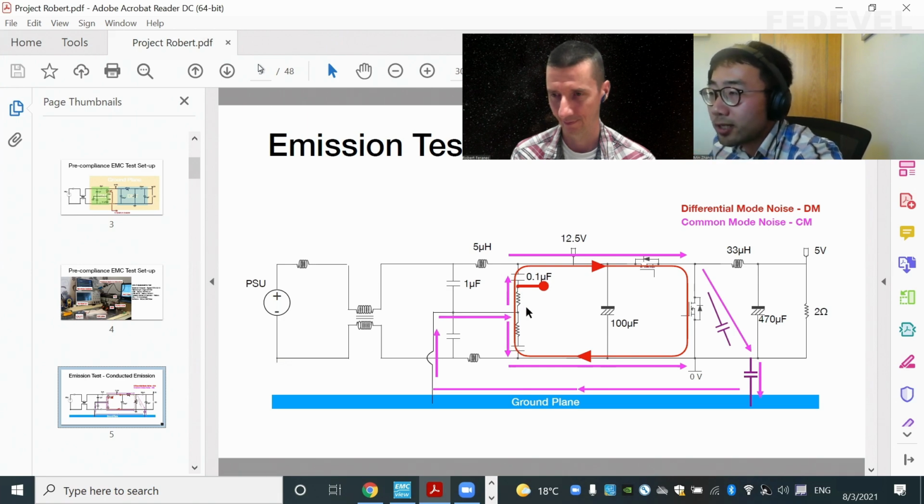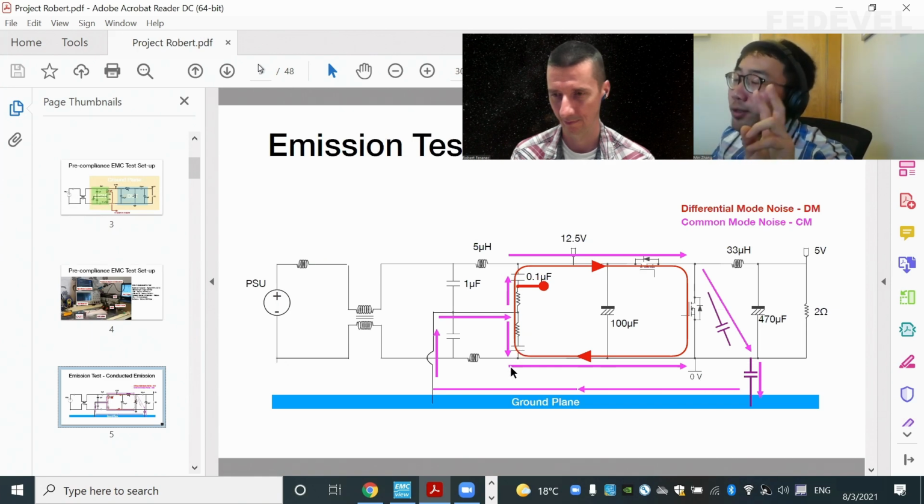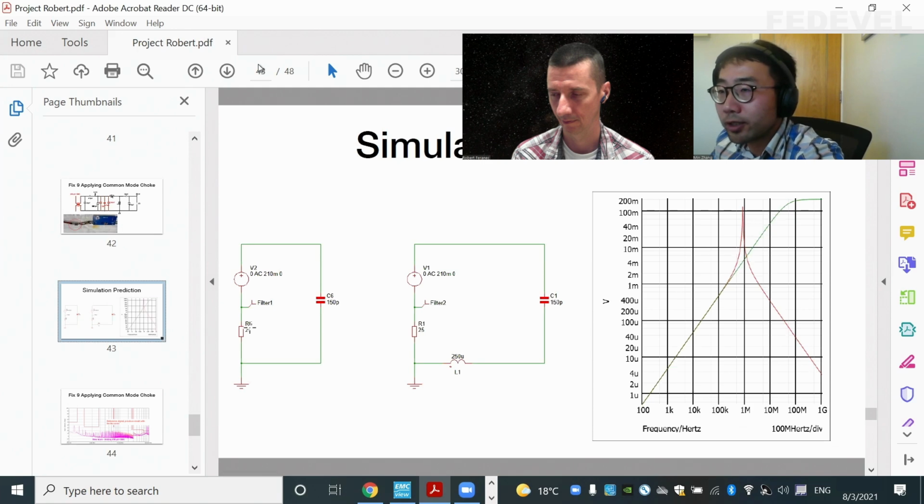We know this is a 50 ohm resistor, and this is another 50 ohm resistor. So for common mode, it is two 50 ohm resistors in parallel. That's why we can simplify it using a 25 ohm resistor, and that's why in the simulation model I use a 25 ohm resistor.